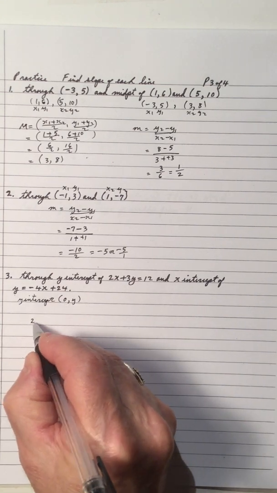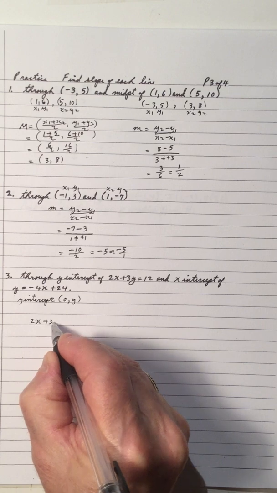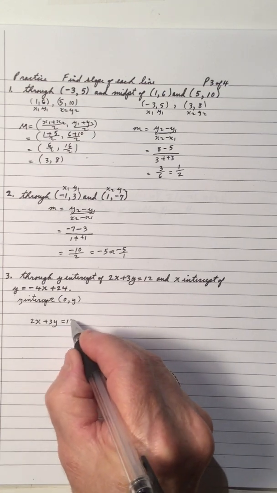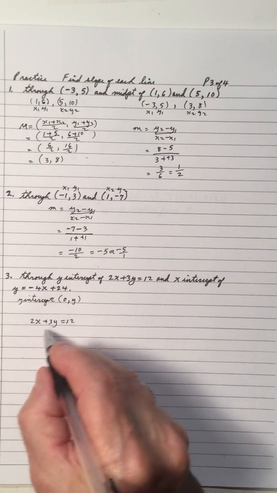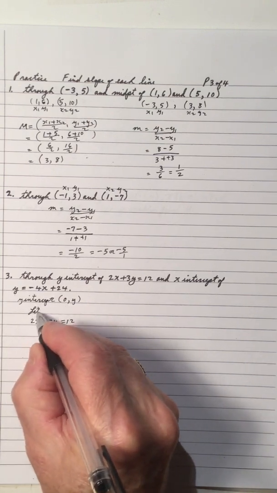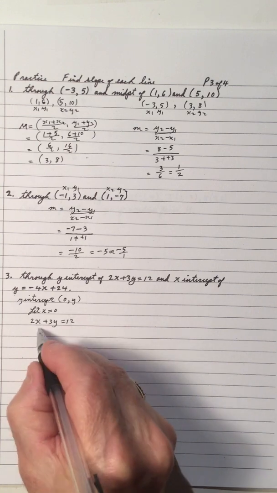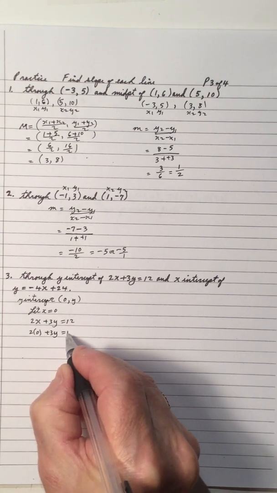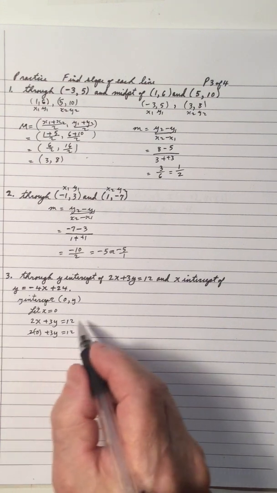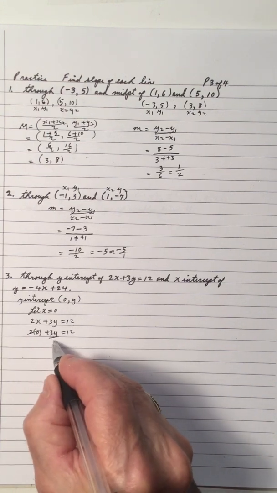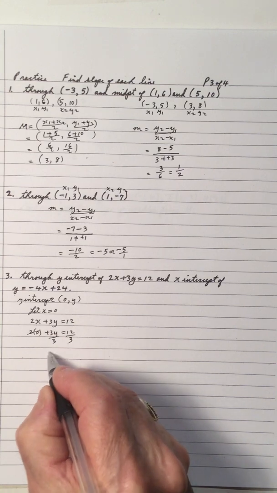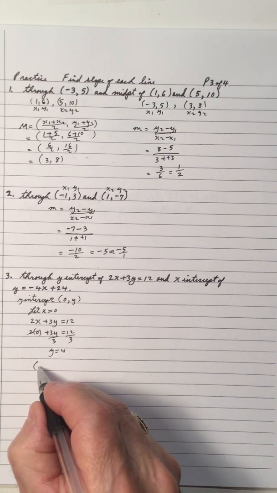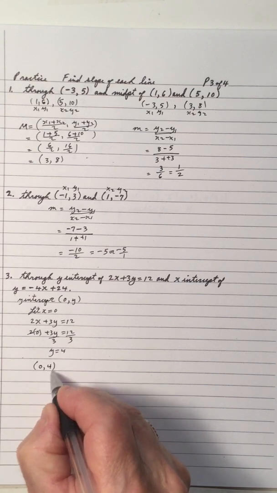So if you take the line 2x plus 3y equals 12, and you want the y-intercept, you let x equals 0. So if we let x equals 0, 2 times 0 is 0, so you get 3y is 12, y is 4. So that's the point. x is 0, y is 4.